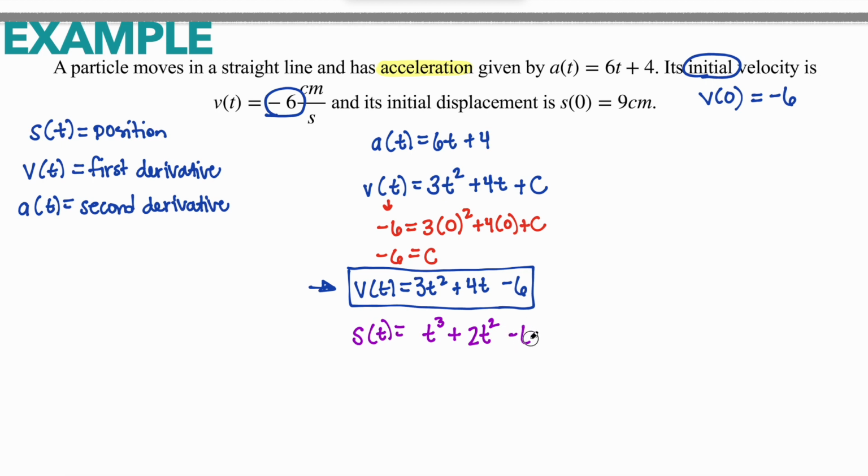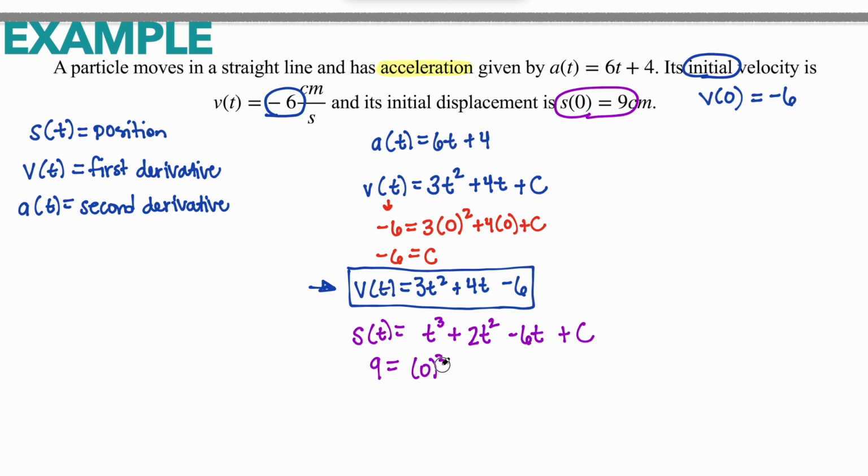The number automatically means it was negative 6t. Why? Because the derivative of negative 6t is just negative 6. And then we do the plus c. And then they tell us how to find c. If I plug in 0 for t, it should equal 9.